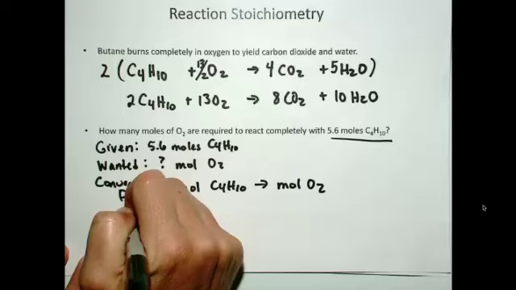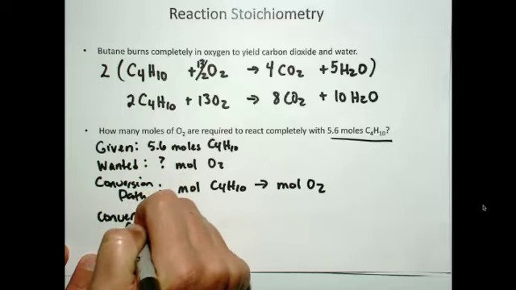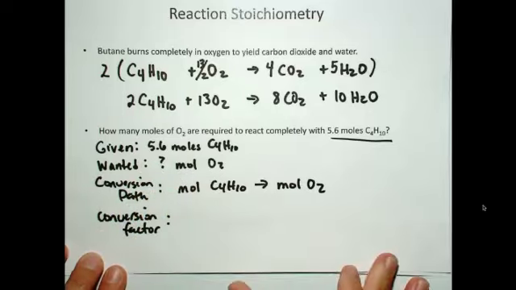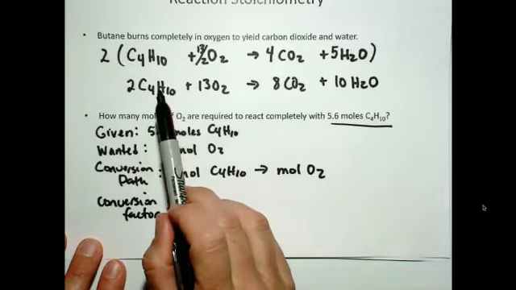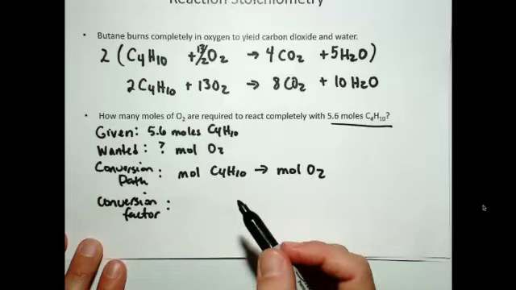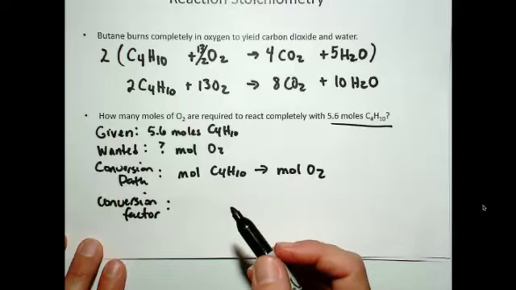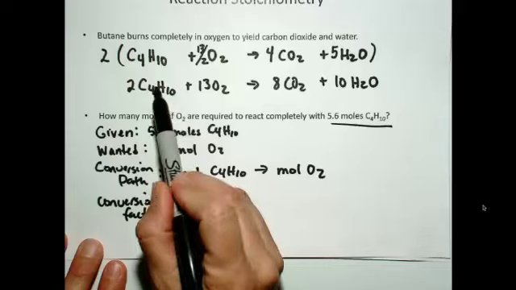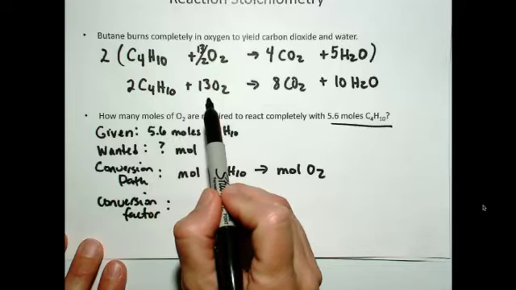The conversion factor can be read from the balanced chemical reaction, and the conversion factor is the whole number ratio of moles to moles. Every time I react 2 moles of butane, I'm going to react 13 moles of oxygen.